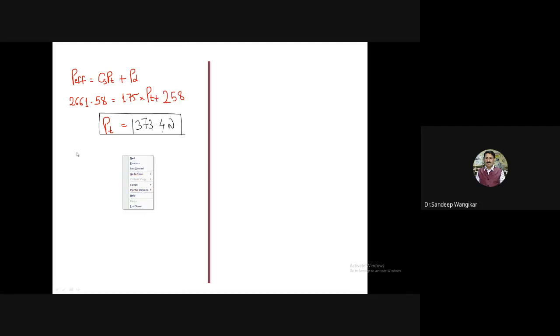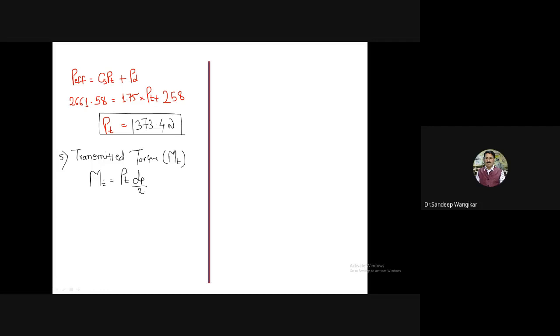Next, step number 5: torque transmitted, or transmitted torque, MT, I have to calculate. So what is the formula? MT is equal to PT into dP by 2.